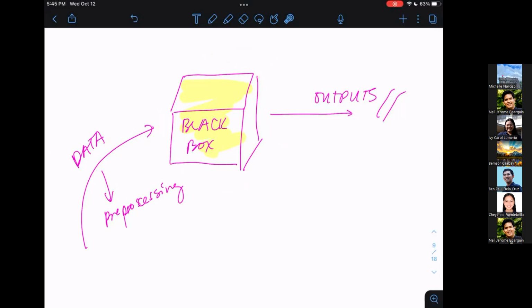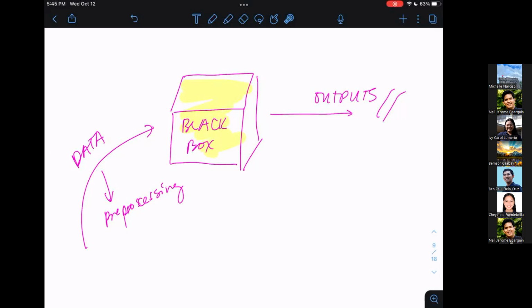Pero at this level, gusto nating intindihin ano yung mga processes na nangyayari doon sa loob ng black box para pwede nating i-optimize yung process. And I think that's the difference between doing mathematical data science from true blood data science. Kasi rito, titingnan natin paano natin ma-improve yung black box para dun sa mga non-mathematics major or specialist. Ano?